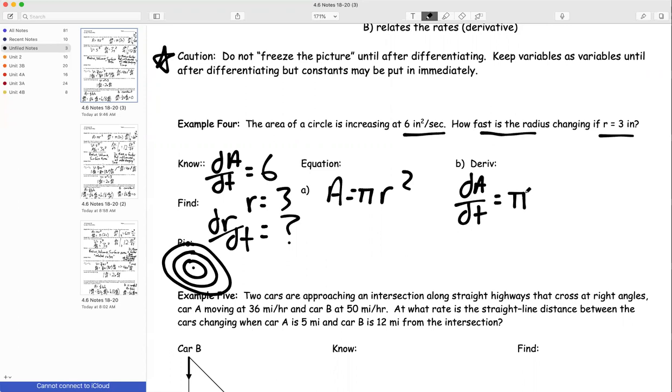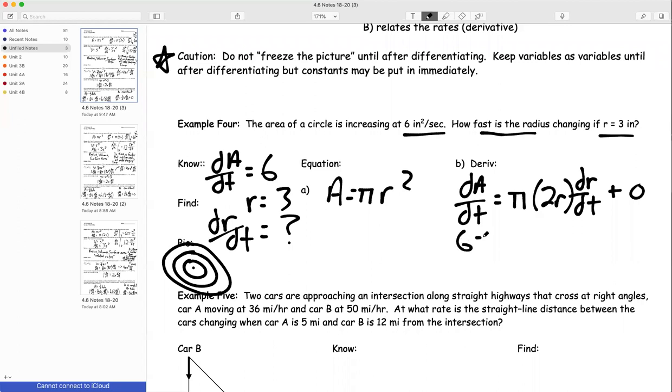And the derivative of r squared is 2r dr/dt. And the second part of the product rule, again, is 0, because pi is a constant. So technically, there's a plus 0 there. Now that I've taken the derivative, I can plug in the values that I know. So what is dA/dt?